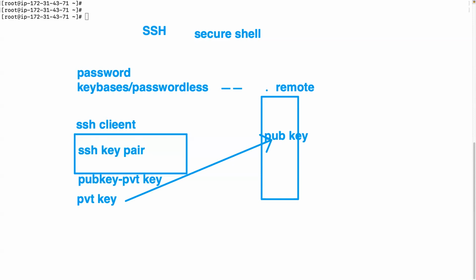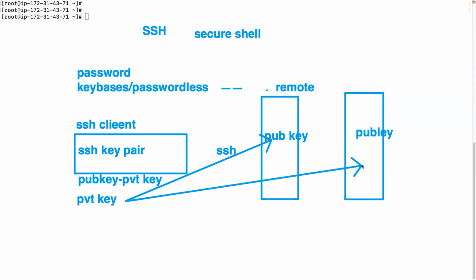You can connect to this via SSH. This is one way. Now let's suppose you want to connect to another remote machine. You can use the same public key here. You put the same public key. The matching private key is present in my laptop, so I can connect to this machine also using the same key pair.